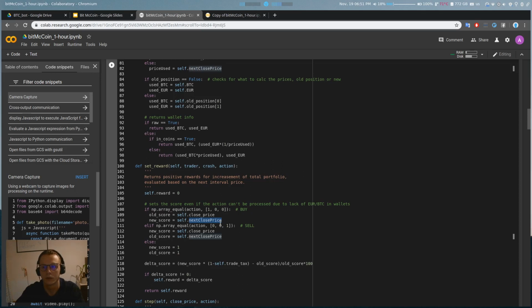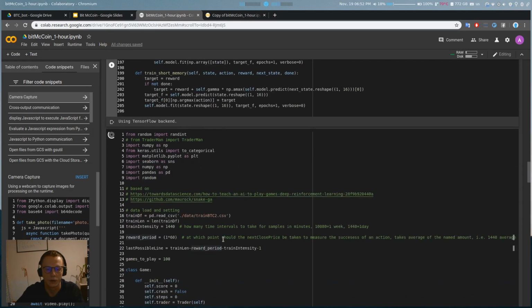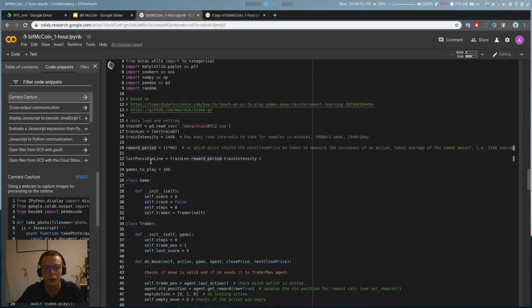So if the bot reward period is set to 1 hour, the next close price will be the following 60 prices for that hour. So for each minute, the price of that hour comes to a mean, which is the next close price, and which is crucial for training the network. Okay, so getting back to this, last possible line is just the end of the data set.